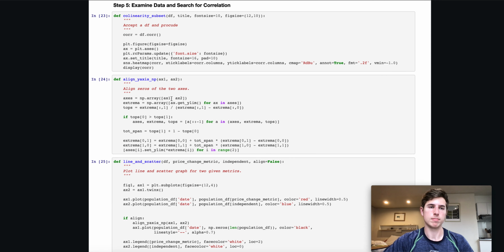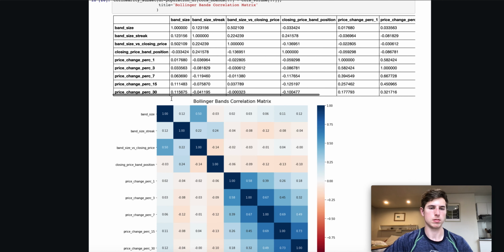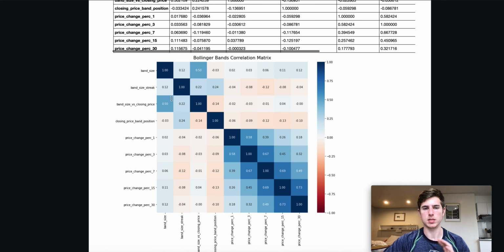And then next I was doing some EDA, examining data, searching for correlation. And that's what you'll see here, a lot of these heat maps looking at, okay, for Bollinger Band related metrics, where are the correlations and how do they correlate with price change over 1, 3, 7, 15, and 30 days.